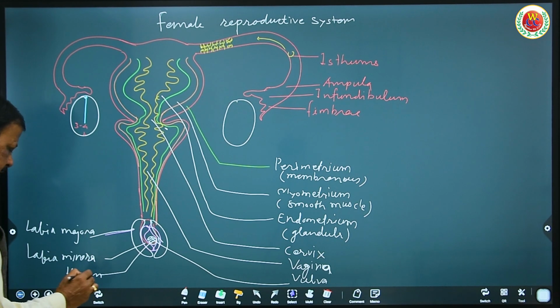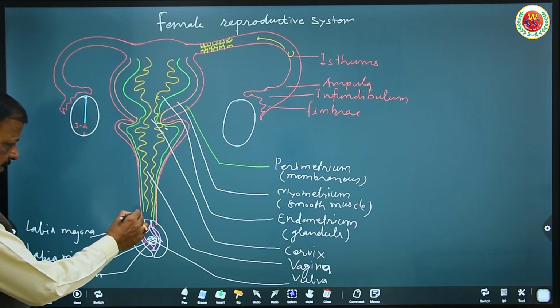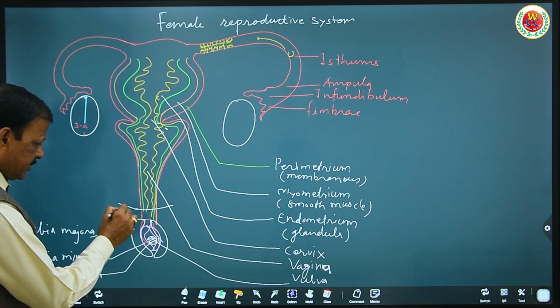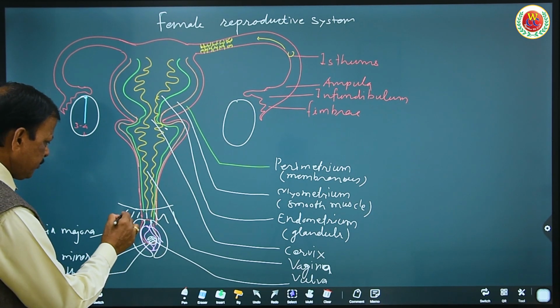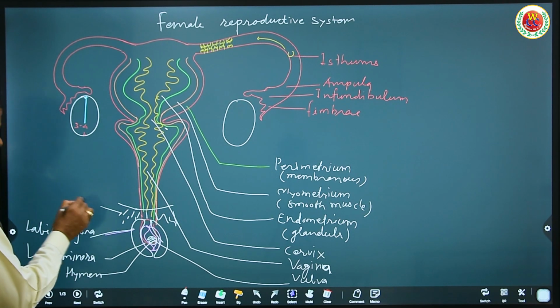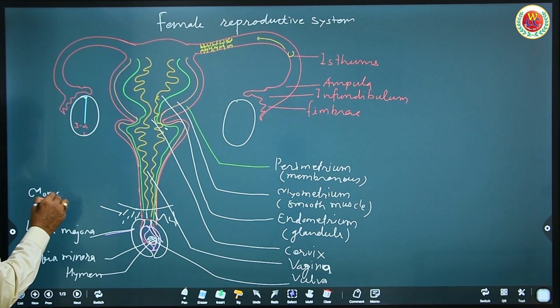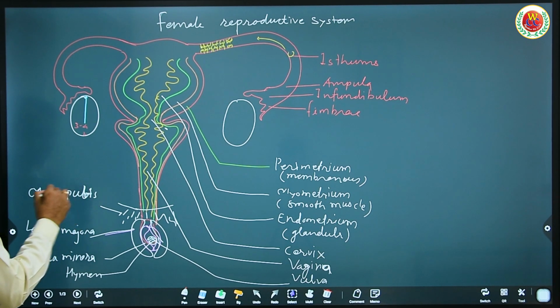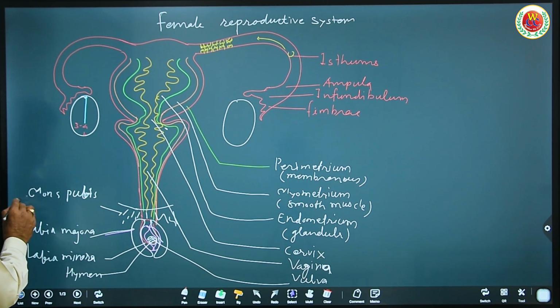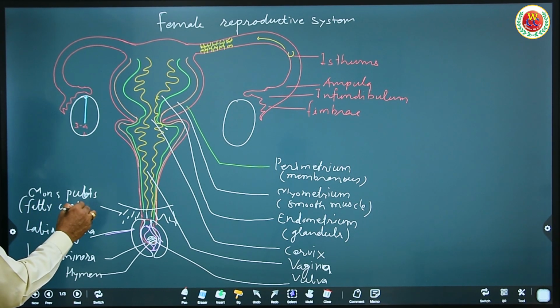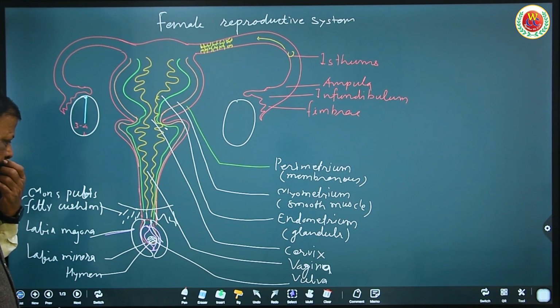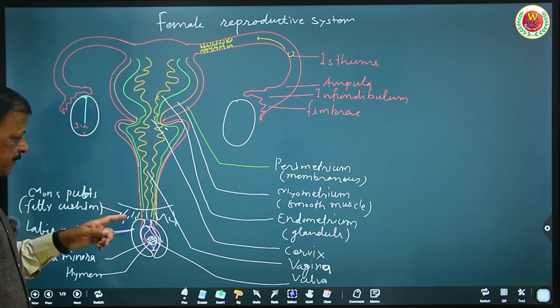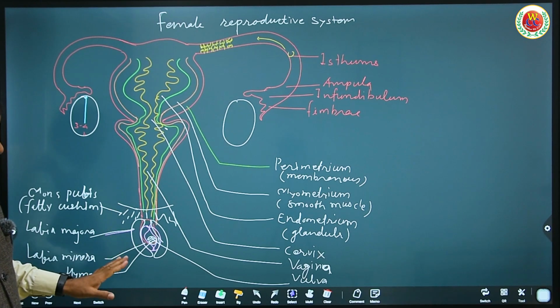This is given in the book clearly. Here this tissue is called the mons pubis, where hairs are present. This is a fatty cushion. The entire structure is called external genitalia.